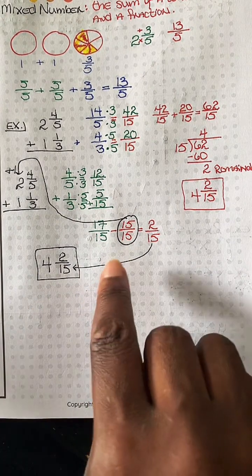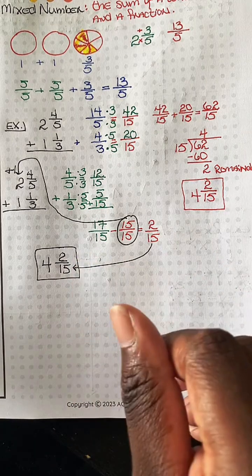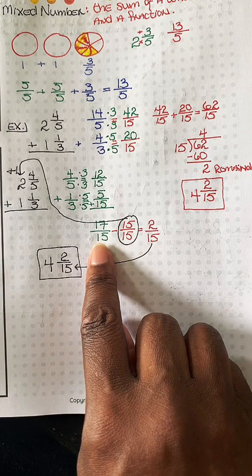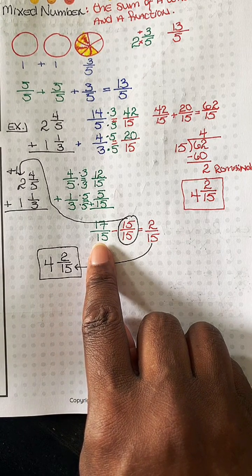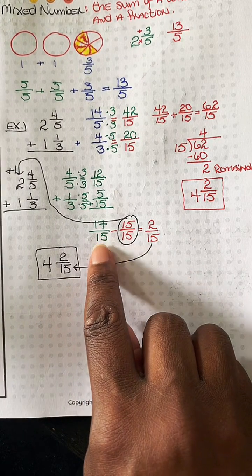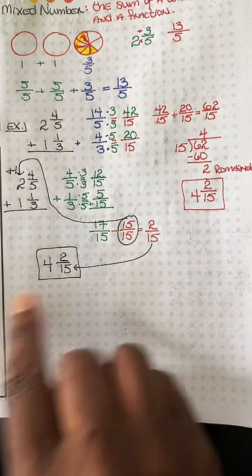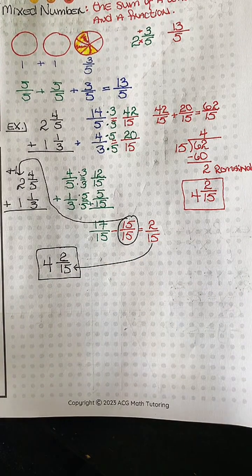Because if not, say it's a 2-point question, if you left it at 17/15, you will get 1 point, but when you simplify it, you will probably get the full 2. Okay.